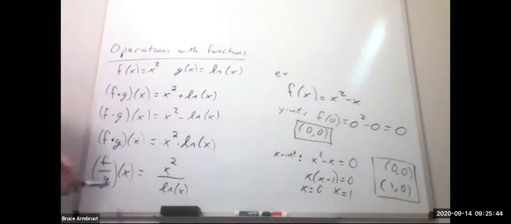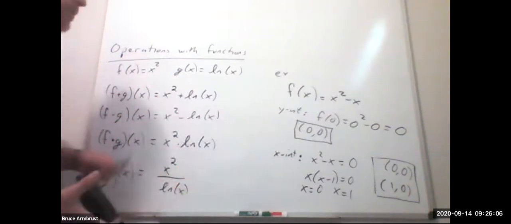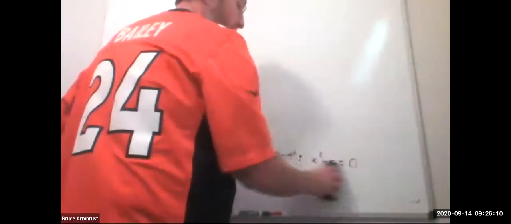So when we do division, it's understood that this denominator, the bottom, can never equal 0. So we would have an issue potentially with division, but in this case we don't, because natural log never actually equals 0.